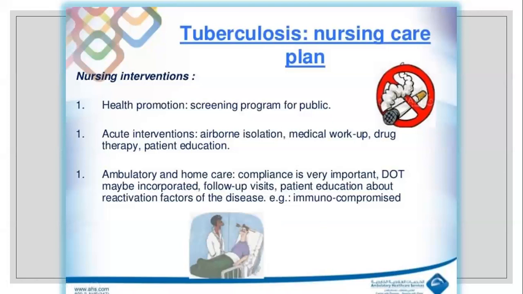So if a patient has HIV or an organ transplant, they are immunocompromised. If a patient has cancer or is under chemotherapy, they have a chance to develop tuberculosis.